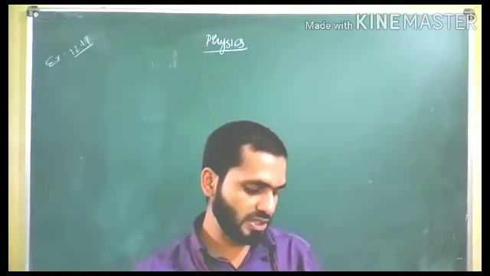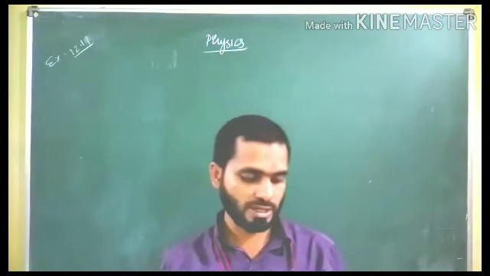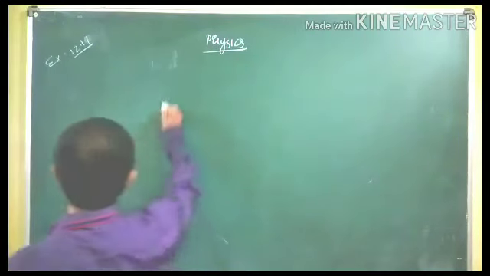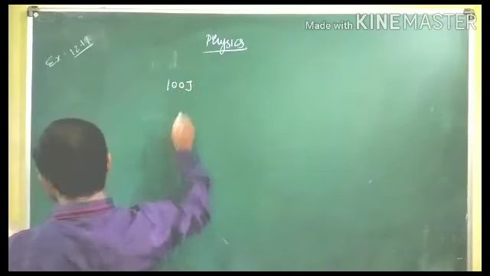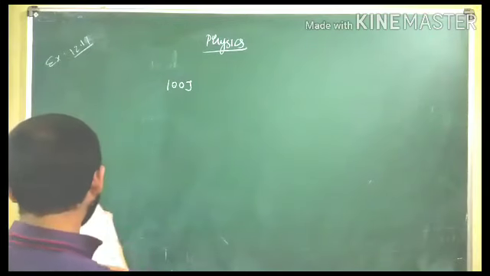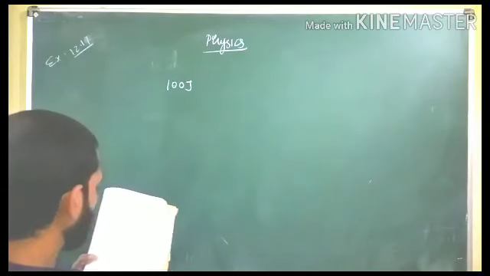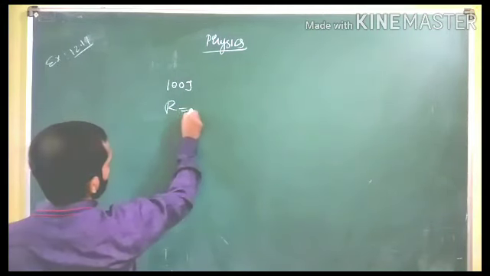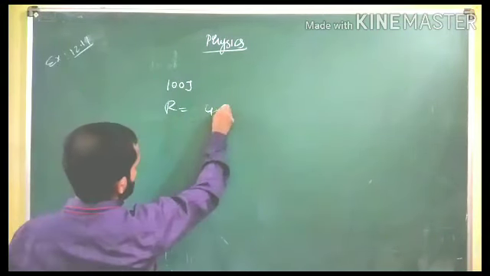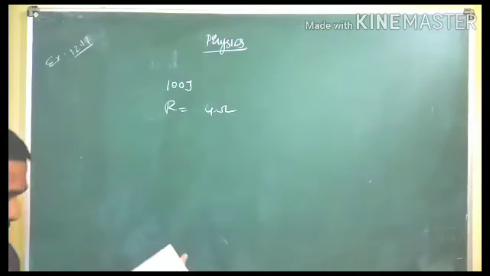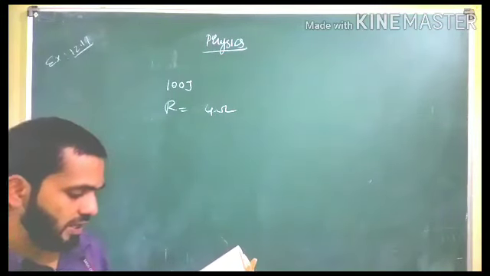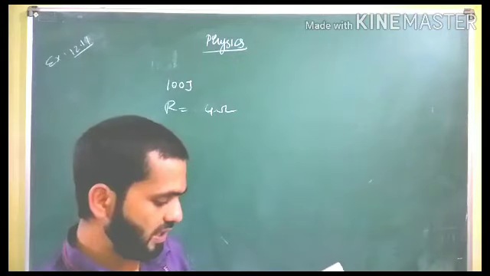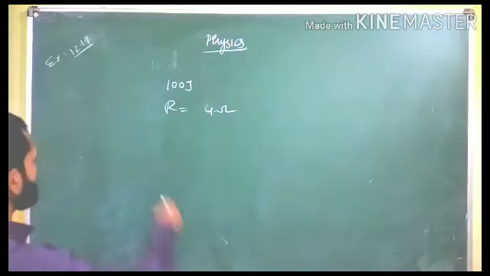Find the potential difference across the resistor. 100 joule of heat energy is produced each second in a 4 ohm resistor. The resistance value is given, 4 ohm. Find the potential difference across the resistor.